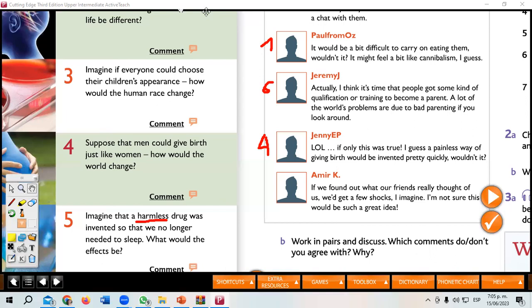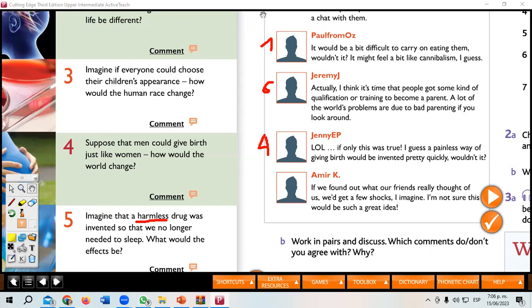Why can men endure this pain just because they are men? They need to invent a way of giving birth without pain. I don't agree with that. You don't agree?